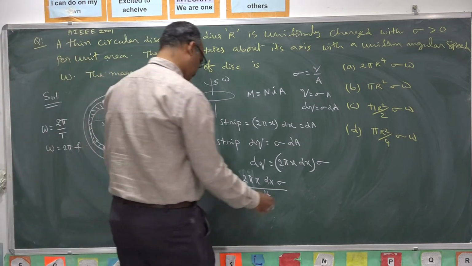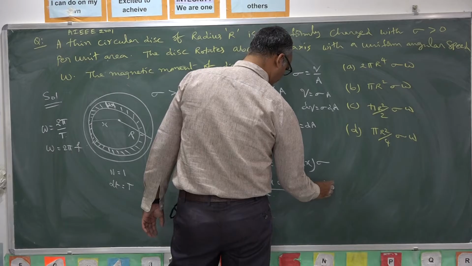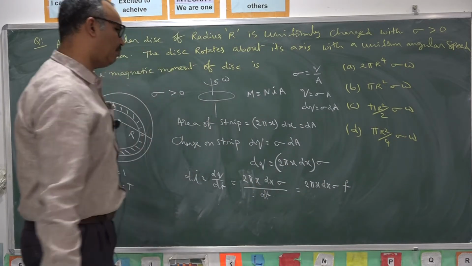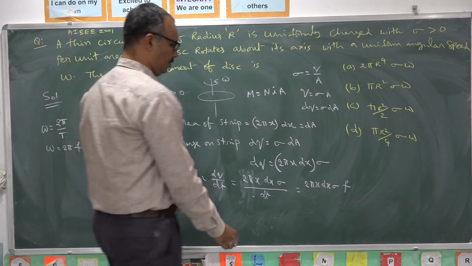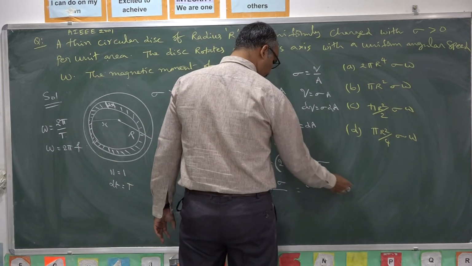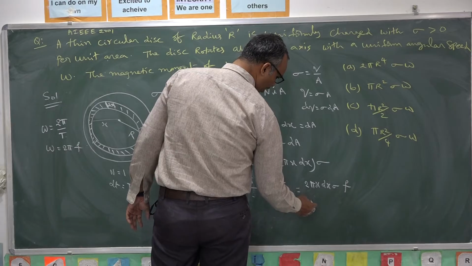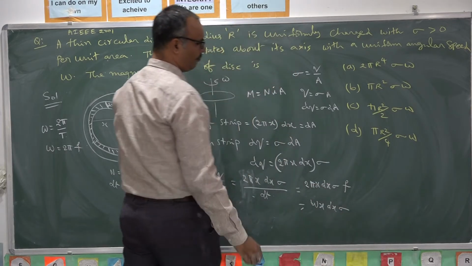So it is 2 pi x dx into sigma into frequency. Since 2 pi f is omega, the current is omega x dx sigma.